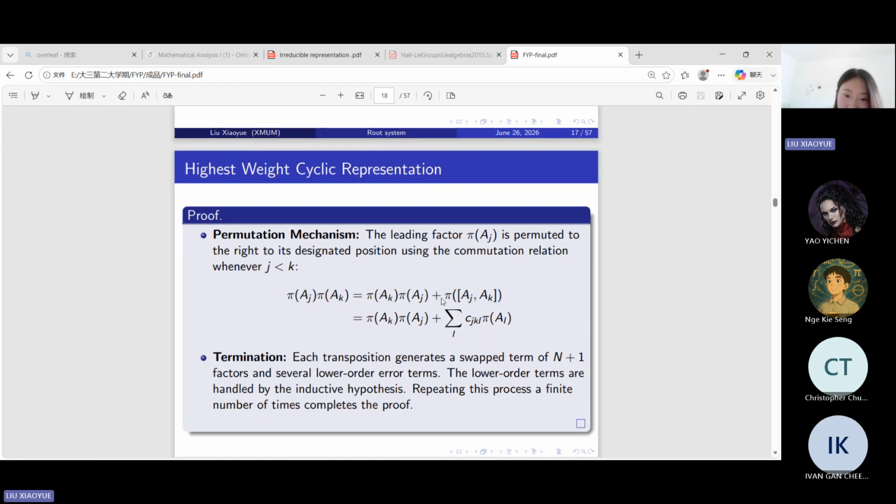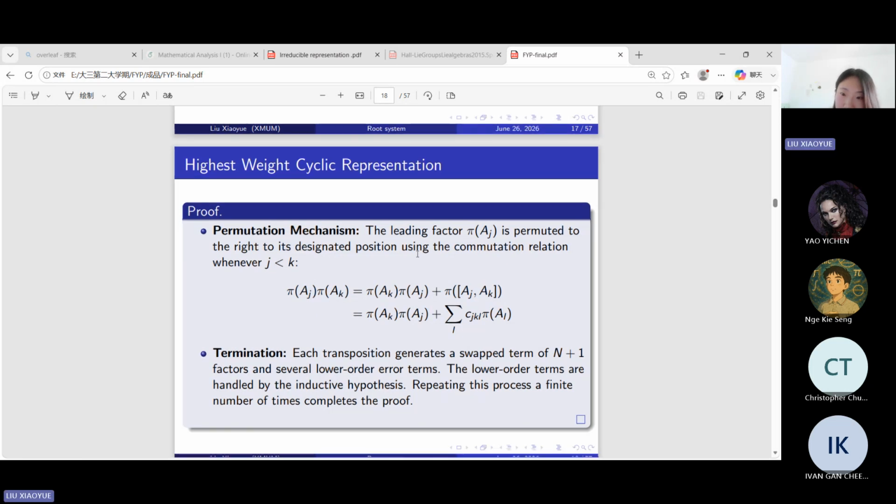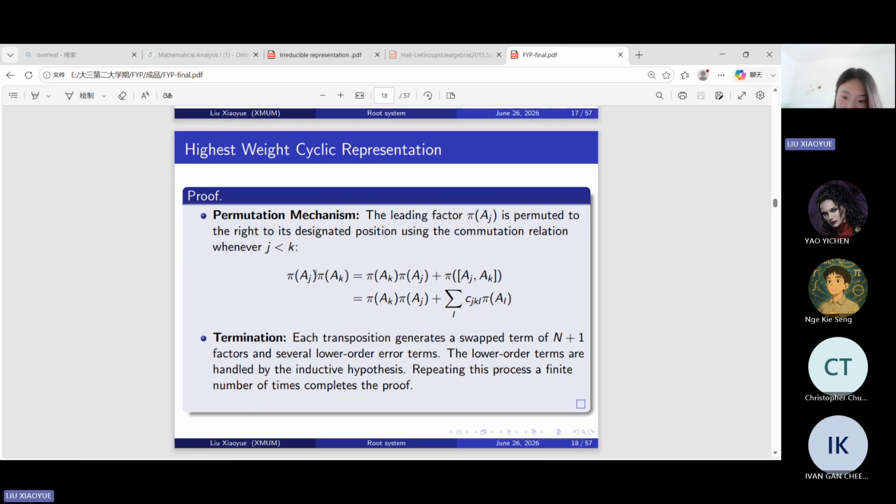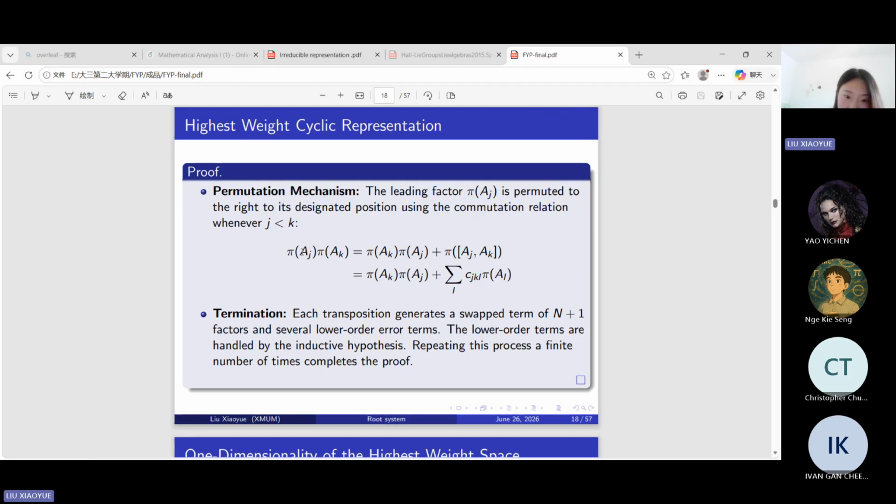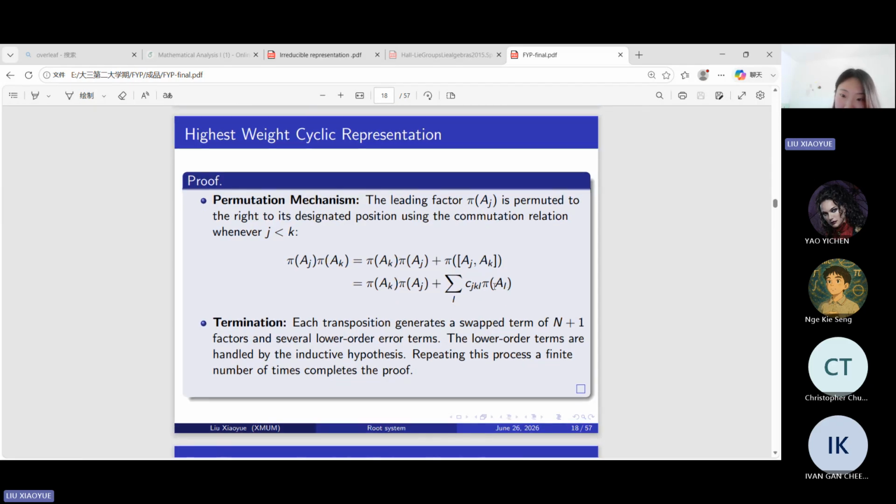Then we permute aj and ak by using the commutation relation. Since the commutator of aj and ak can be expressed as this equation, and the last term we can express as a linear combination of ai, since ai is a basis.